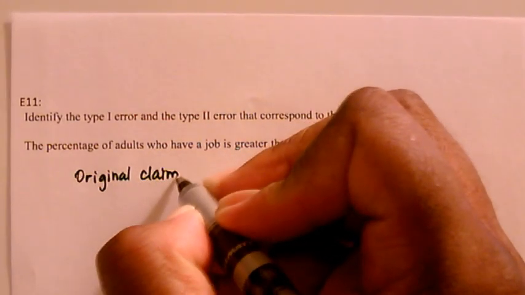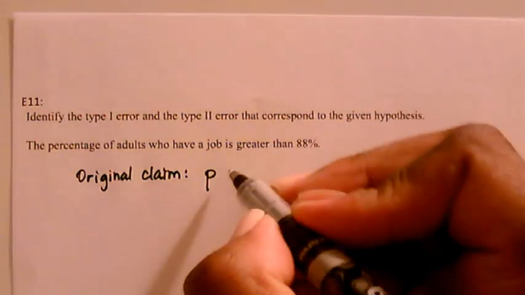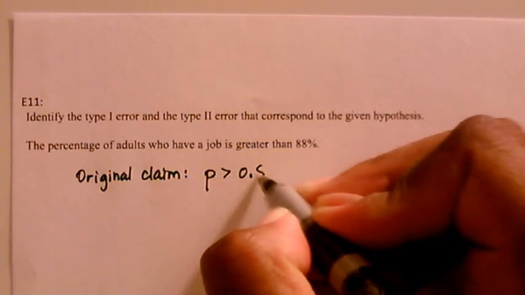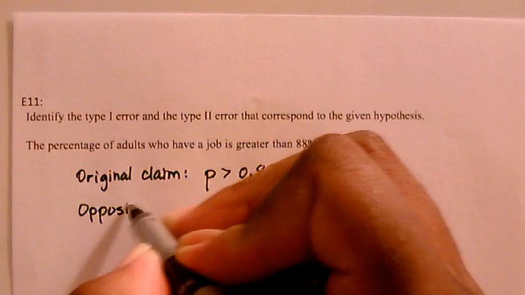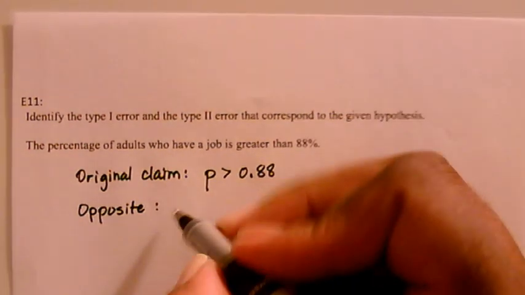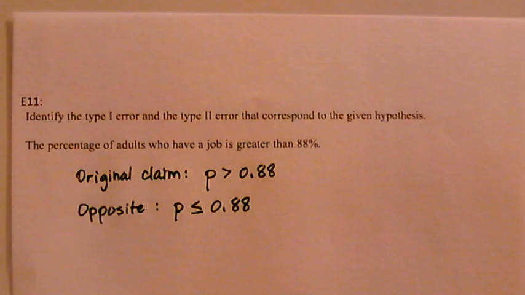The percentage of adults who have a job, P, is greater than 0.88. And then our opposite, if it's not greater than, that means it's less than or equal to 0.88.